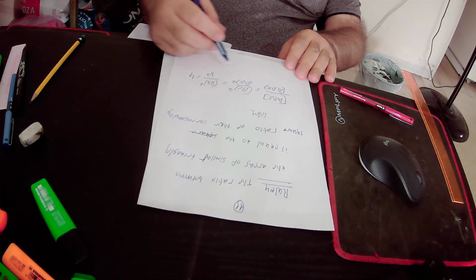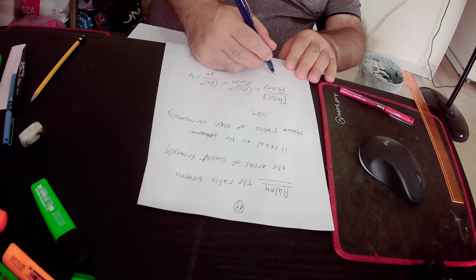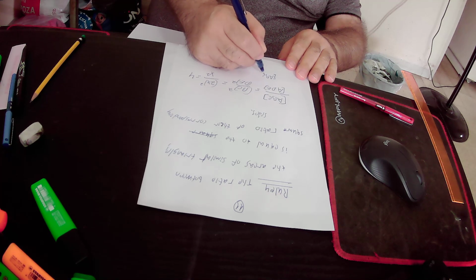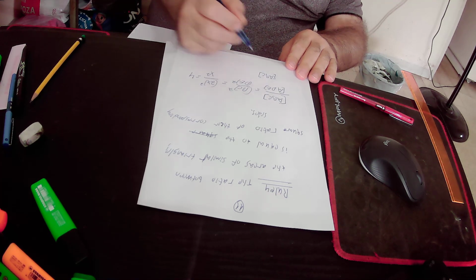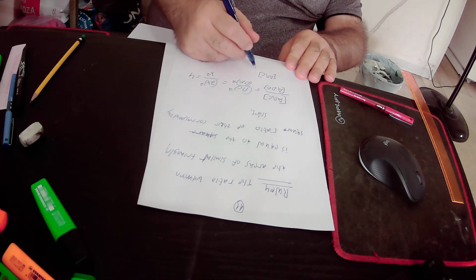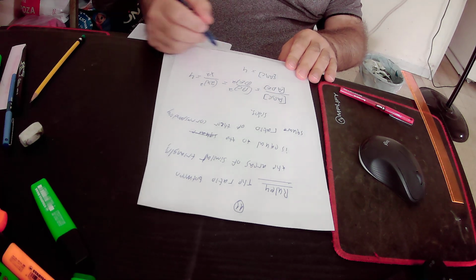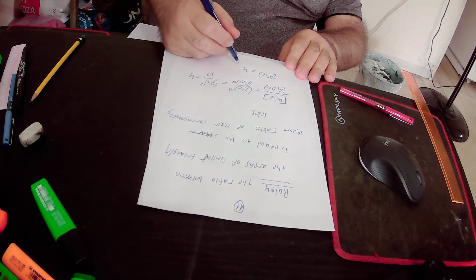So the area of triangle ABC will be equal to 4 times the area of triangle ADE.